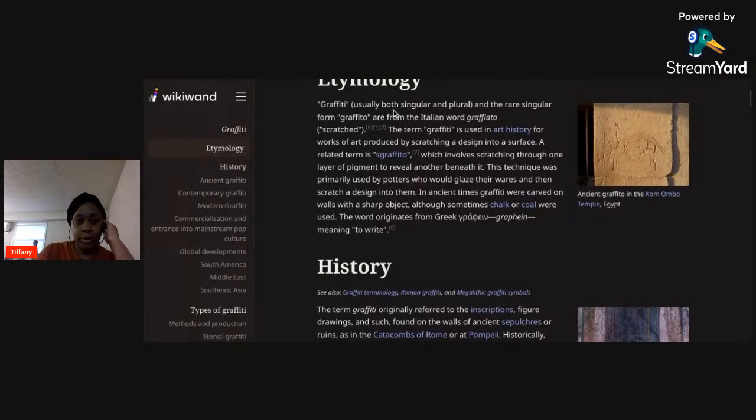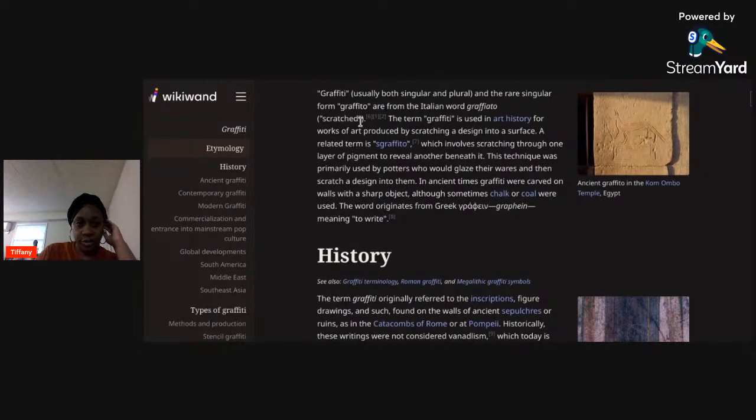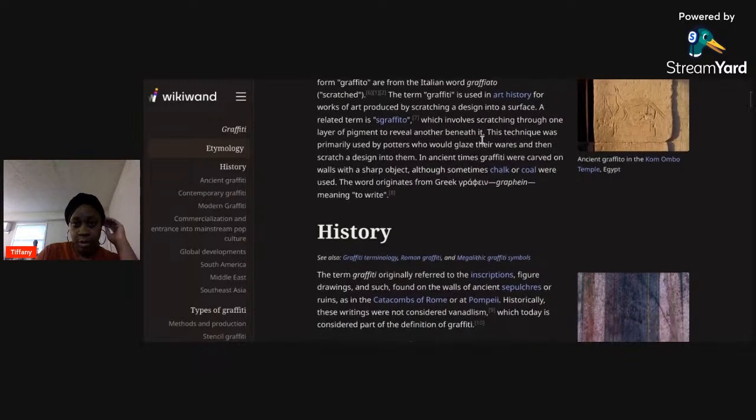So graffiti comes from the word graffito, which means to scratch. The term graffiti is used in art history for works of art produced by scratching a design into a surface. A related term is graffito, which involves scratching through one layer of pigment to reveal another beneath it.